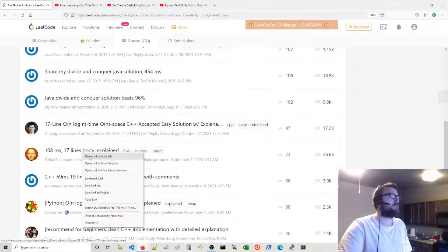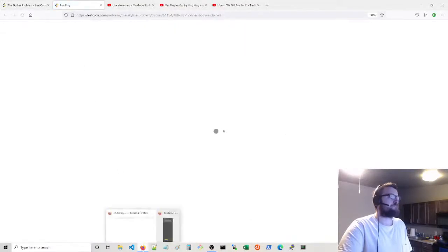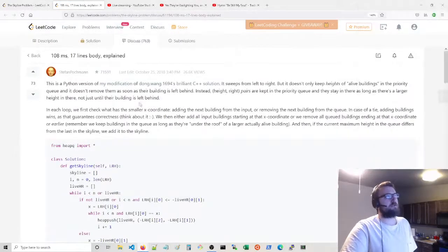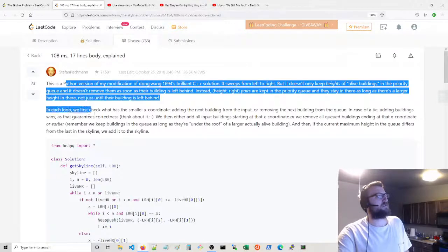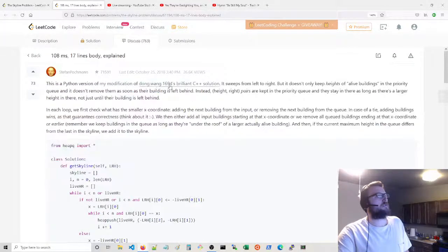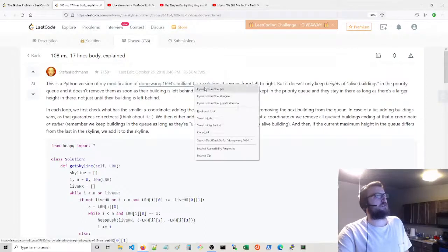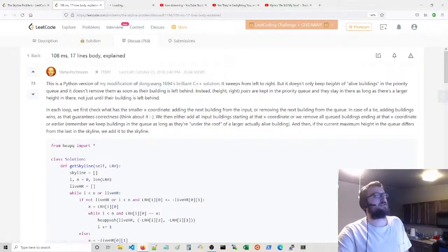Maybe a heap is a little bit more efficient in terms of just the raw time, the raw milliseconds. Dongwing 1694 is a brilliant solution, Python version. Left to right, doesn't only keep heights, does remove them, height, right pairs.